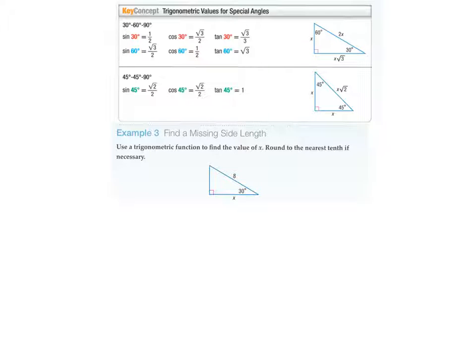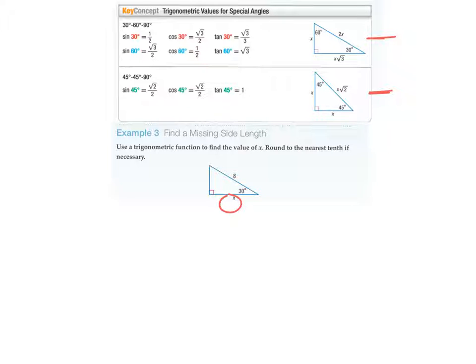Special triangles, the 30-60-90 triangle, this one right here, and the 45-45-90, where the cosines and tangents and sines are relatively fixed. So we can find a missing side by substituting these values. So I want to be able to find this side, and I need to know which trig function to use. We have sine, cosine, and tangent, but what's given to us is an adjacent side and the hypotenuse.